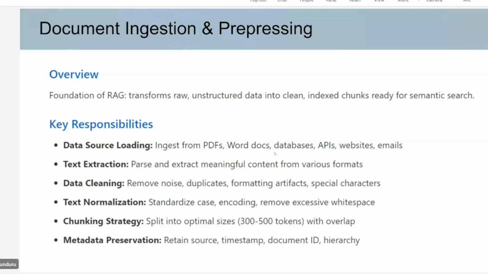The document ingestion process, the foundation of RAG, transforms raw unstructured data into clean indexed chunks ready for semantic search. First of all, the data is cleaned and converted to chunks so that it can be stored, so that we can send at least a couple of chunks to the LLM.